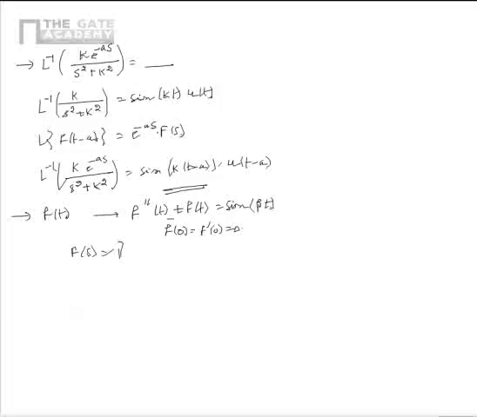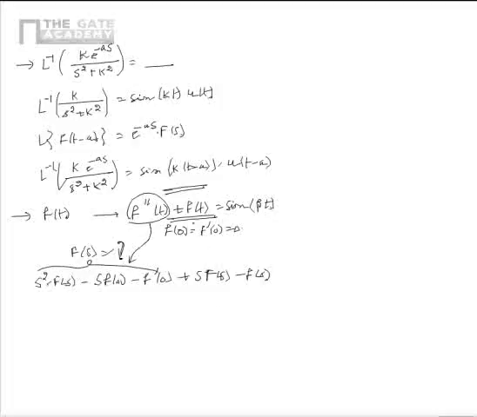So by taking the Laplace transform on both sides of the given differential equation, we get s square into F of s minus s into f of 0 minus f dash 0 plus s into F of s minus f of 0, because the Laplace transform of f double dash t is s square into F of s minus s into f of 0 minus f dash 0.